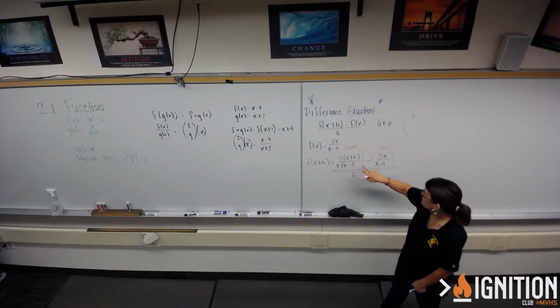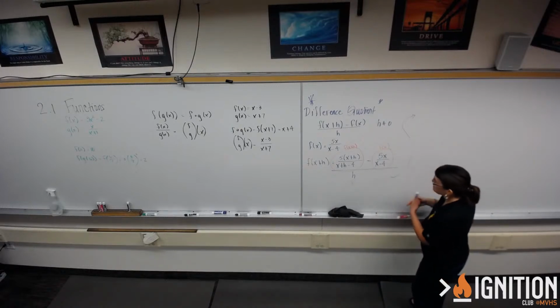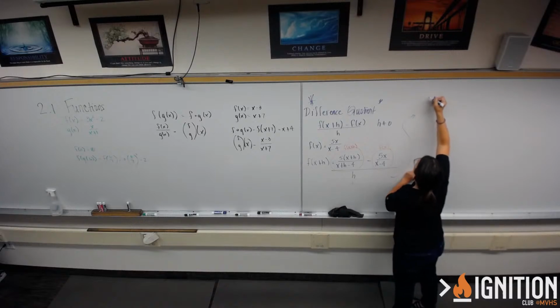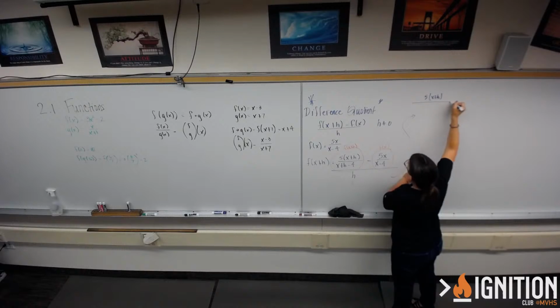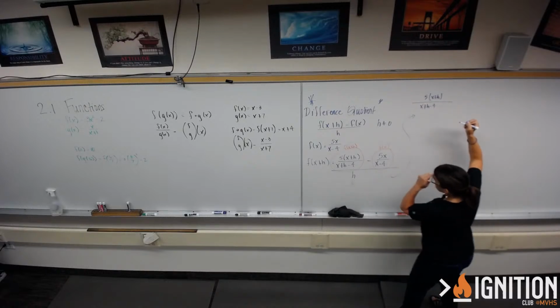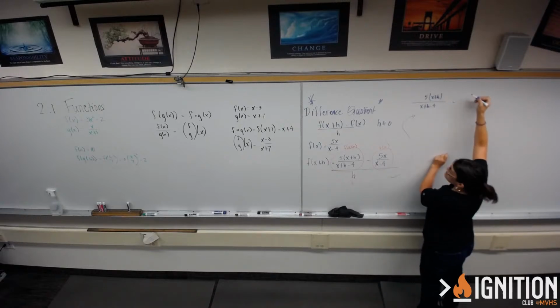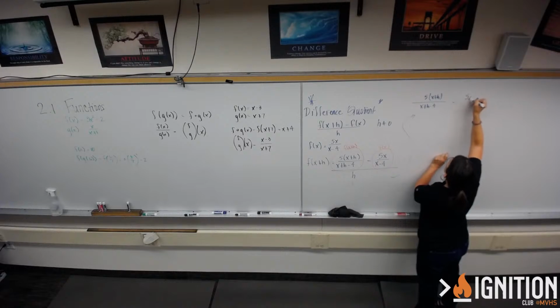So I'm going to rewrite this so I have a little bit more room. I'm going to leave some space, and I'm going to hope that I'm still in the screen. It's been a long time.